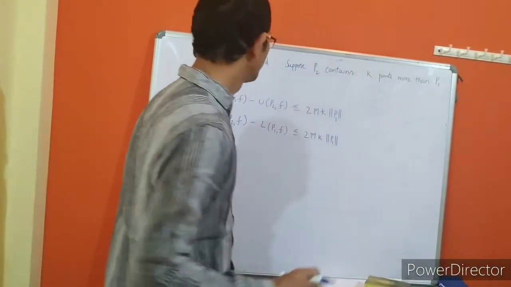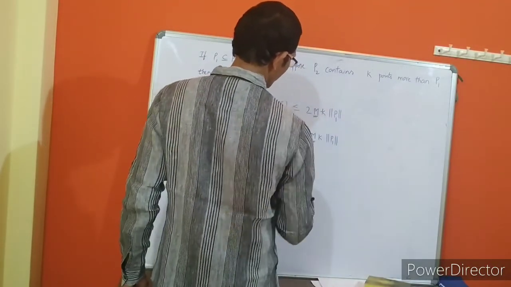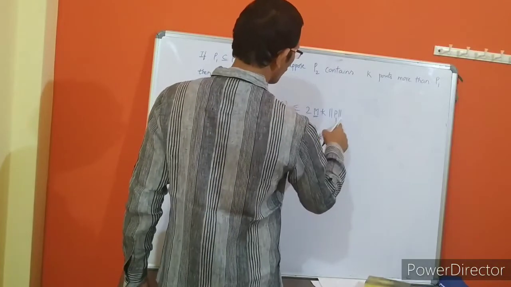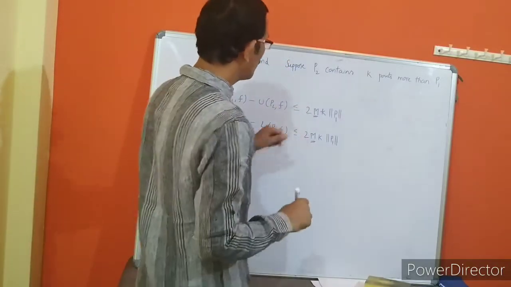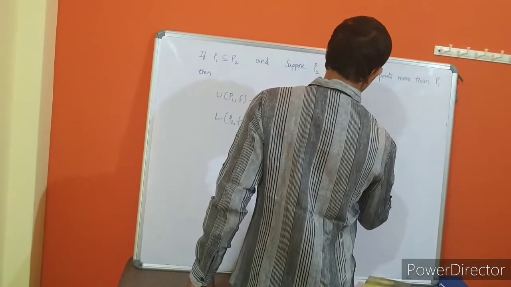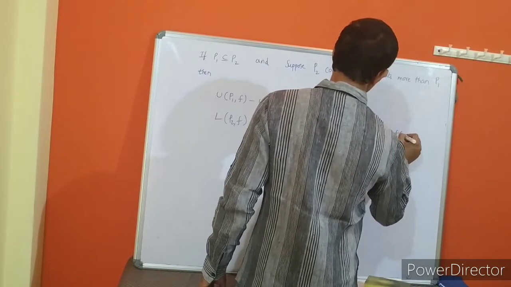Now see here. Here I have used this m, K you know, and you know what I mean by norm P1. Right? So what do you mean by m? Here m is nothing but the supremum of f of x. Okay?